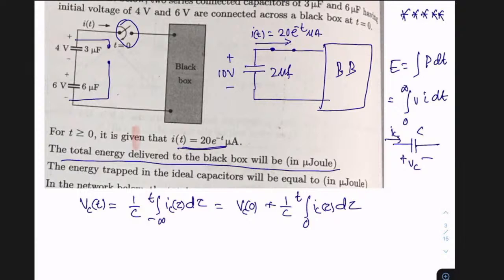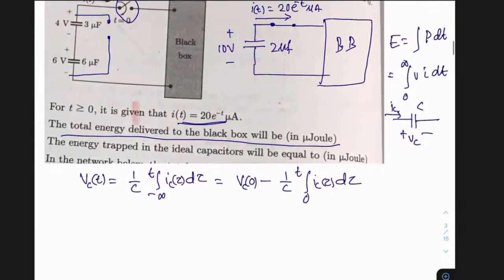No, there will be a change. Instead of this plus sign, it will be a minus sign here. Hopefully the logic is clear. Why am I using the minus sign? Because the current in this circuit is entering from minus to plus. So by using these equations, first we have to get VC(t).